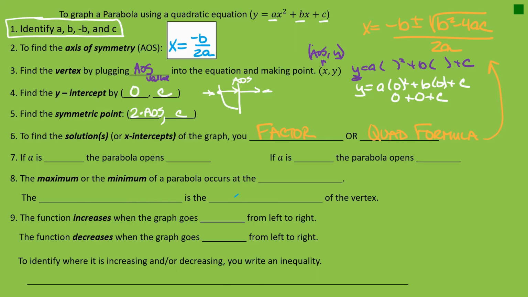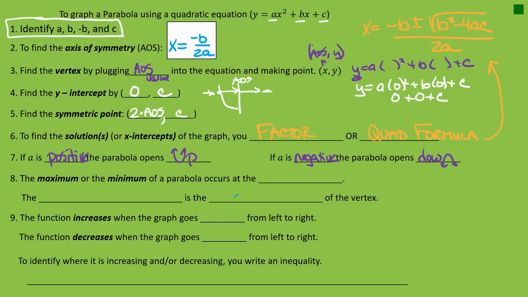the next part is which way does it open? It will open up, remember, where the arrows go up, up, up if A is positive. It will open down, which means the end arrows go down, down, down if A is negative.